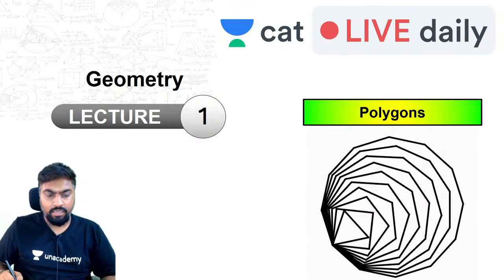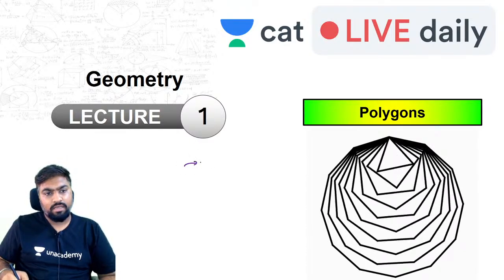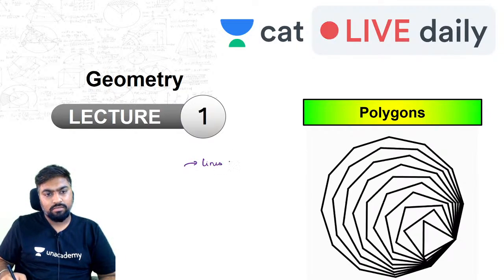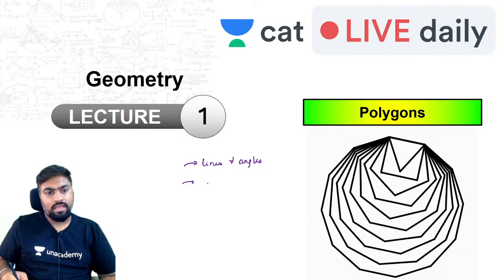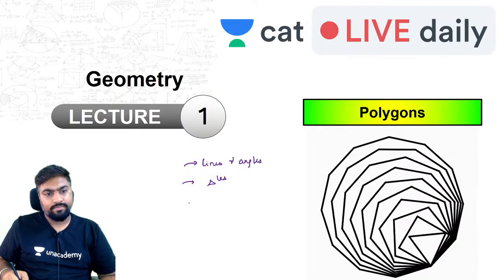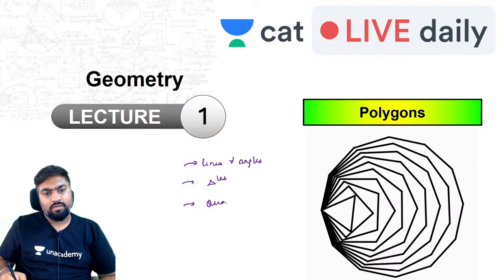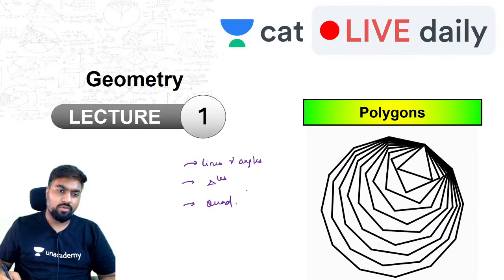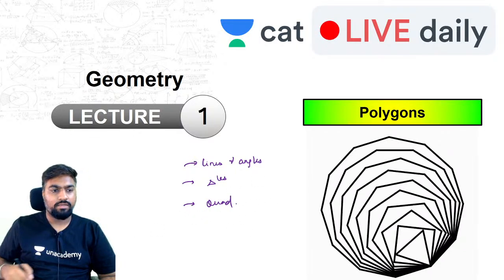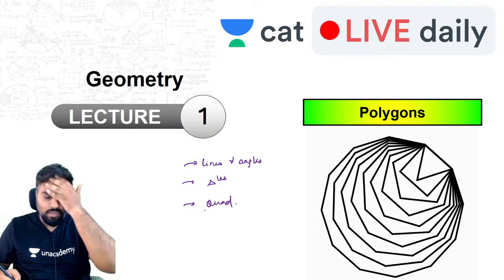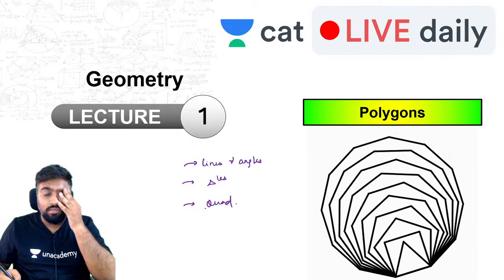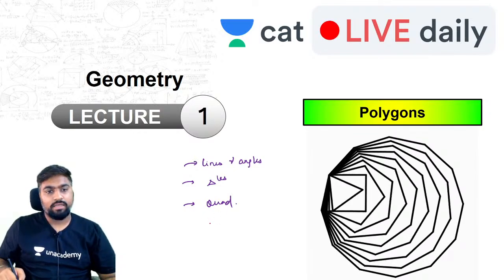So far in geometry we have seen lines and angles, basics of it. Then we've looked at triangles and we've covered quadrilaterals. Yes, under quadrilaterals we've covered all types of quadrilaterals. Now we are moving to larger sided shapes, that are polygons, right?